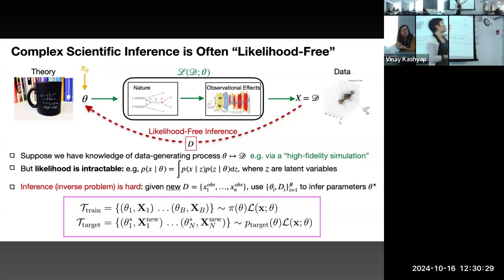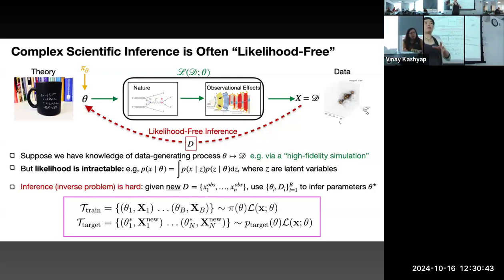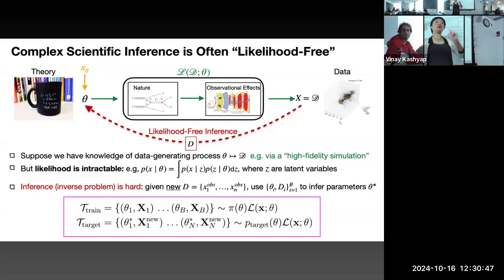If I know the forward process, I have an all-knowing simulator, which is where I did high energy physics. If I observe X, I should be able to infer theta with a confidence set. If I have an all-knowing simulator, why can't I go back? I'm not saying it's not possible, I understand.